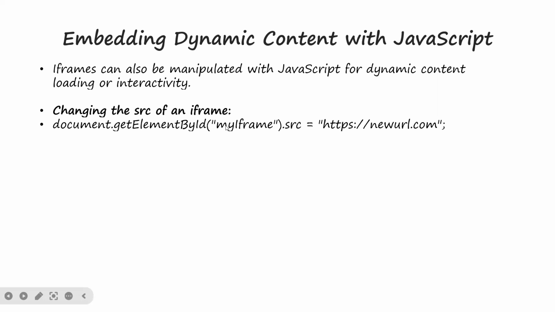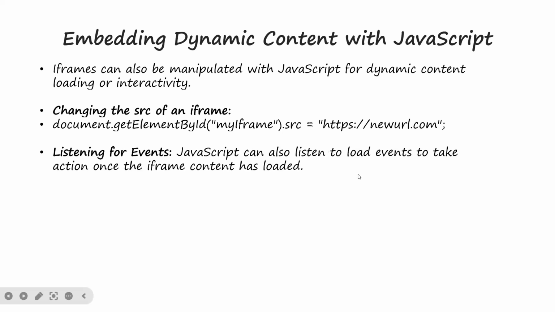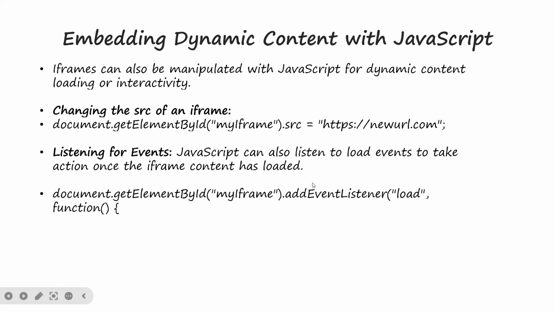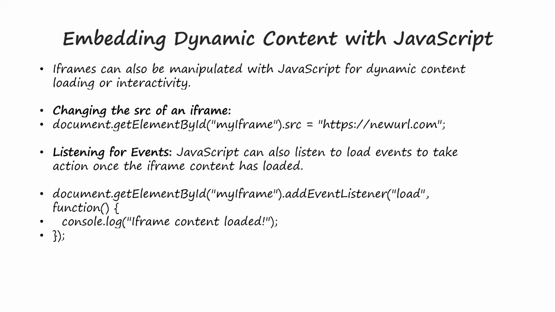We give the iframe an ID, and once we get this element, we can change the source to this. So we can do this dynamically, and we can also listen for events. If you know JavaScript DOM manipulation, this would be easier to understand. When you do your JavaScript DOM manipulation, you're going to understand better.